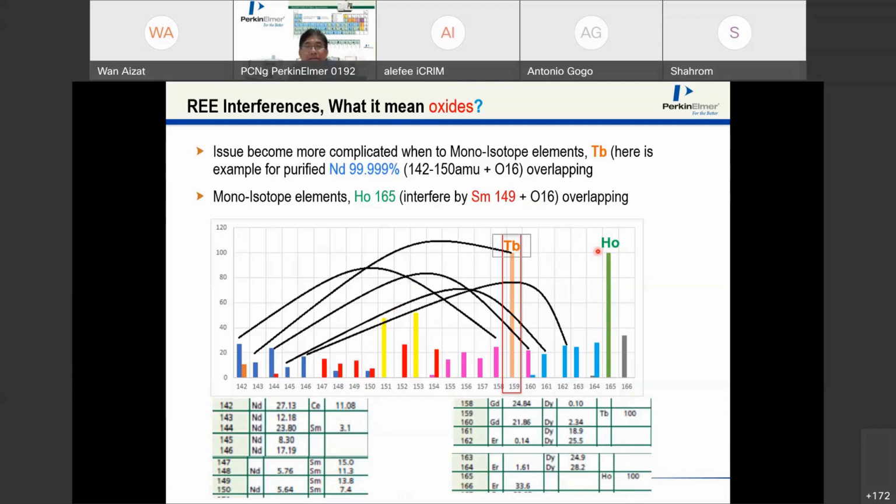It means that the light rare elements in this group interfere with the heavy rare elements. So there are two groups of rare elements, light rare and heavy rare. In fact, heavy rare elements are even more rare, more expensive, so very high value. So analyzing these rare elements is very challenging, and ICP-MS is a solution.